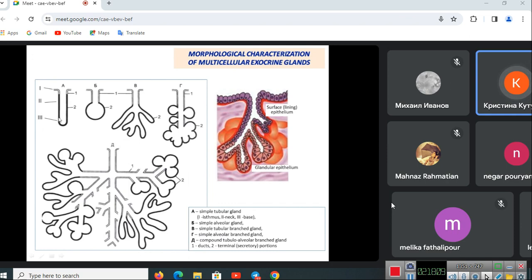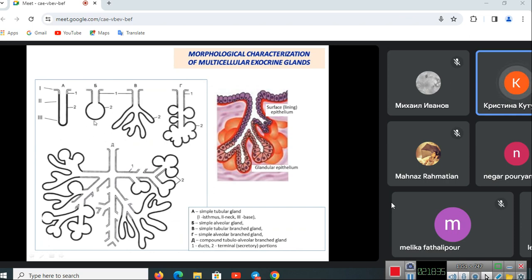It is not branched, so the second word in the name will be unbranched. And finally, we look at the shape of this secretory portion. It is like a tubule, so the word will be tubular. So, a full name for this gland will be simple, non-branched tubular gland.